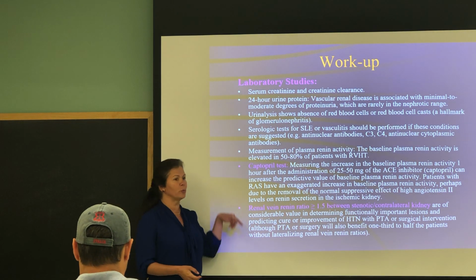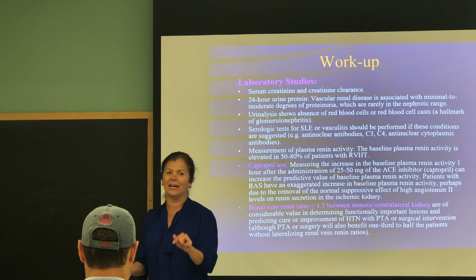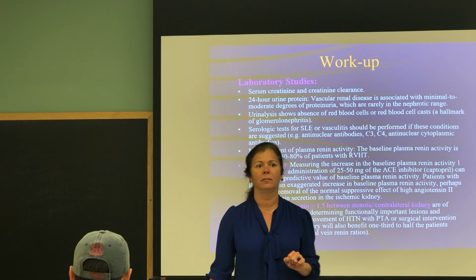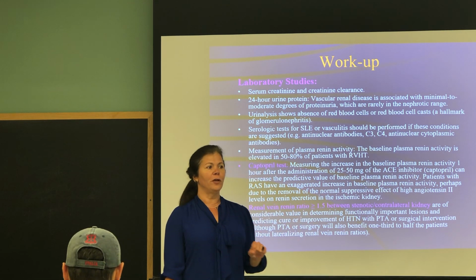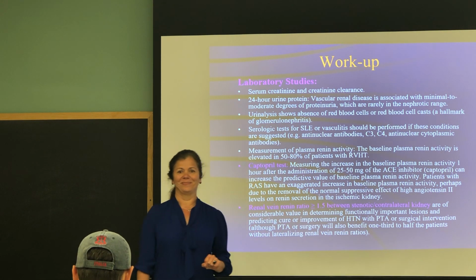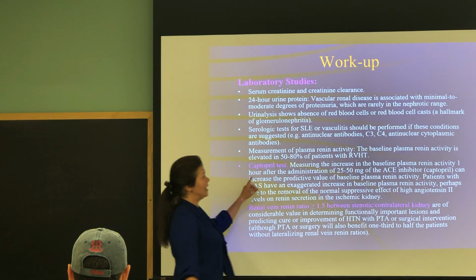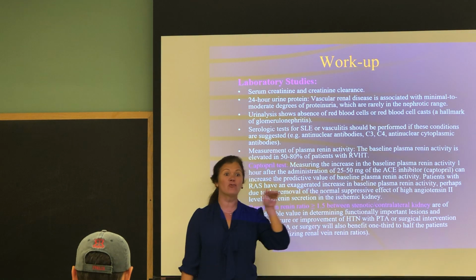We don't do the captopril test anymore, but you have been asked over and over on board examination about this exam. What do you think will happen? Exactly. So basically what you do is a baseline renin.